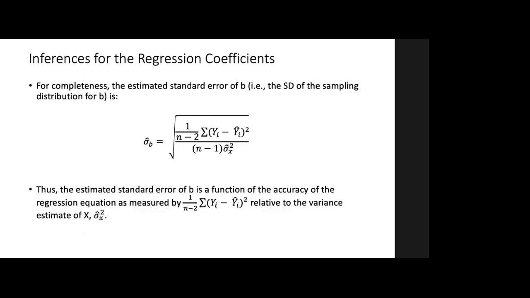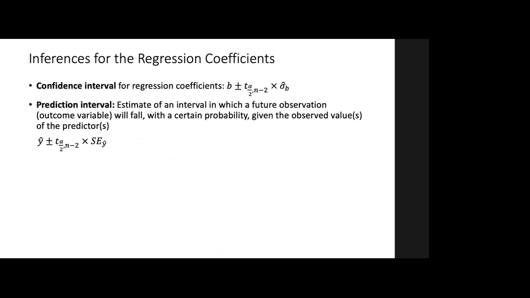The reason I'm showing this is to demonstrate that it's a function of the accuracy of the regression equation. This is just residual variability here. So the smaller the residual variability is, and the larger the variability of your predictors, the smaller the standard error. Both make sense.